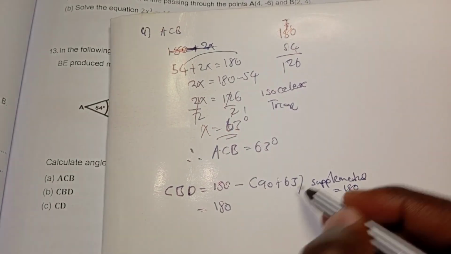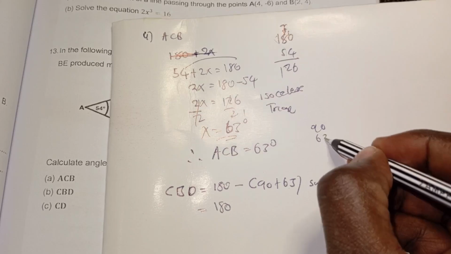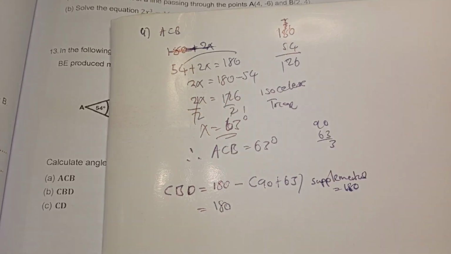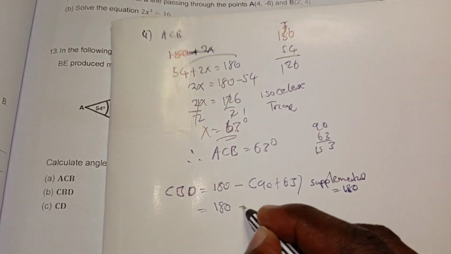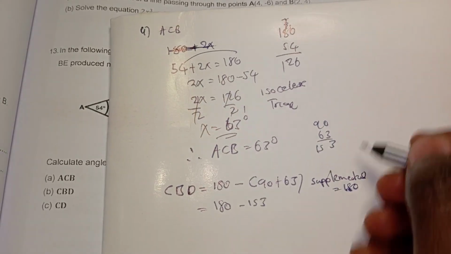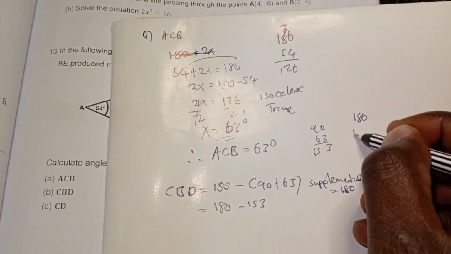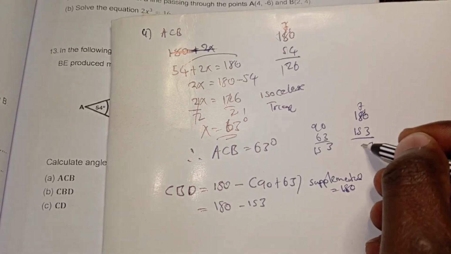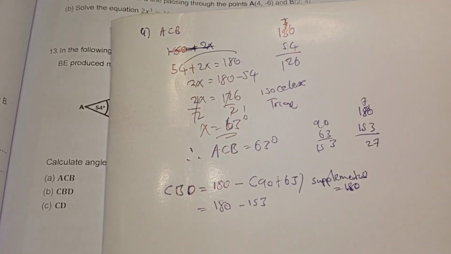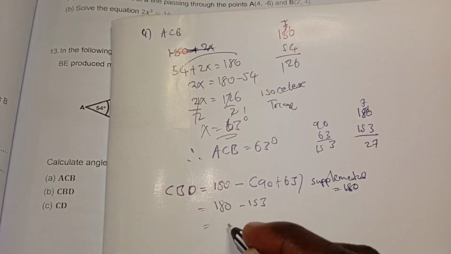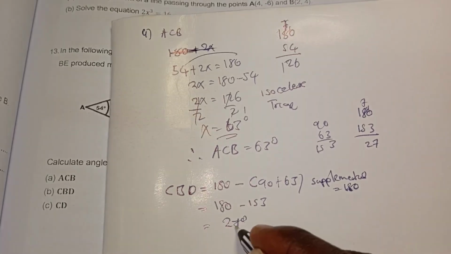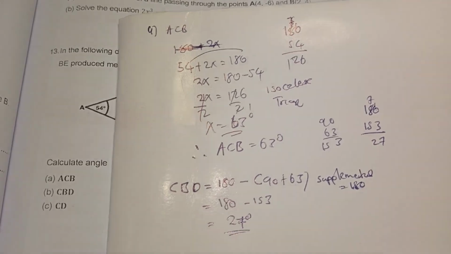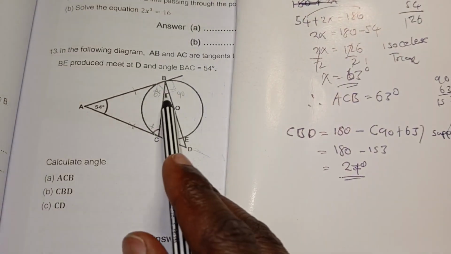So 90 plus 63 is 153. 180 minus 153 will be 27, and it makes sense because it's a very small angle here.